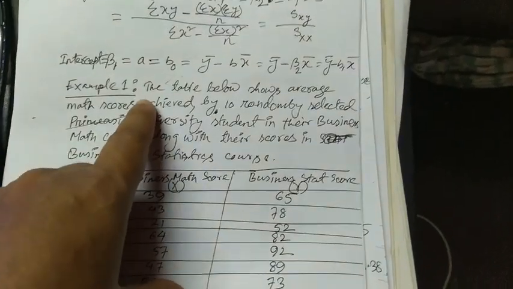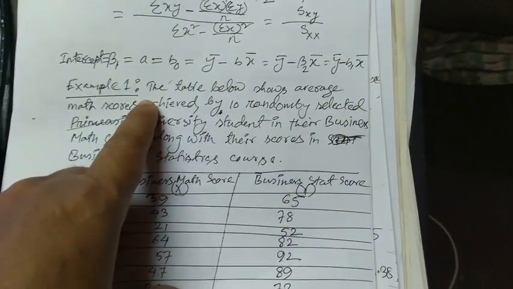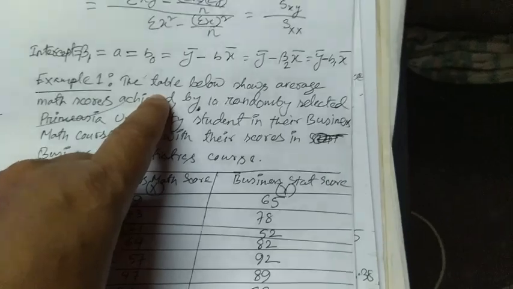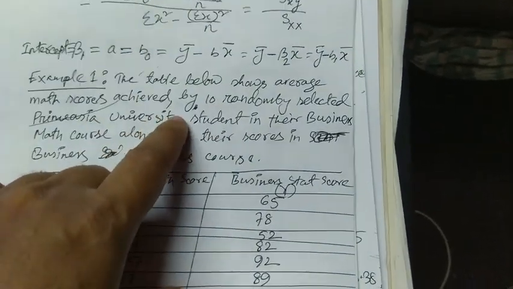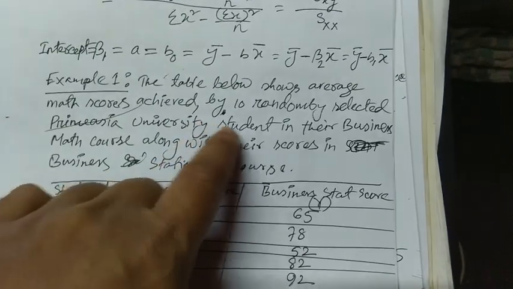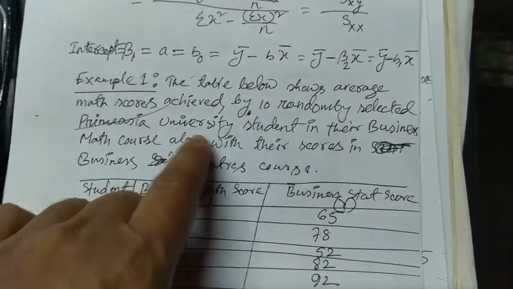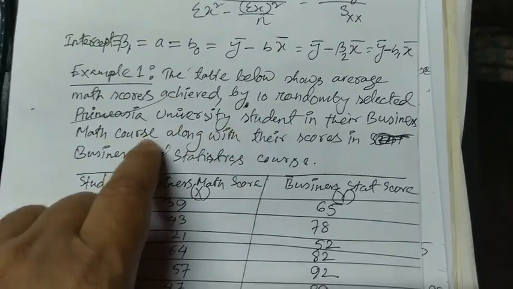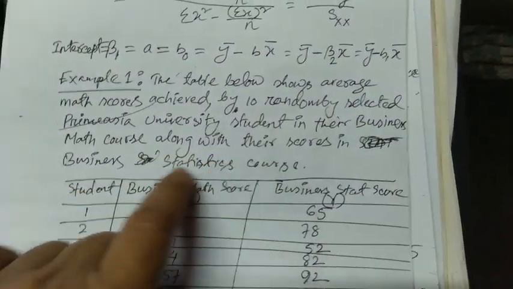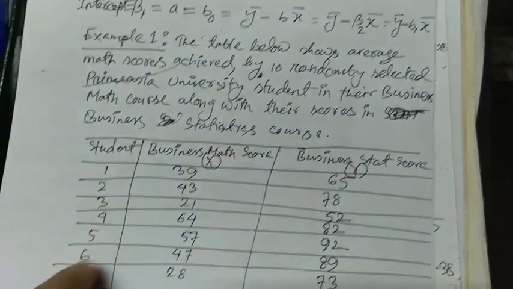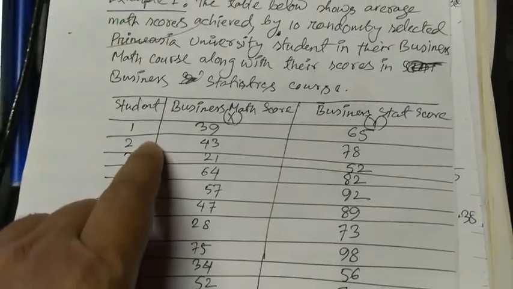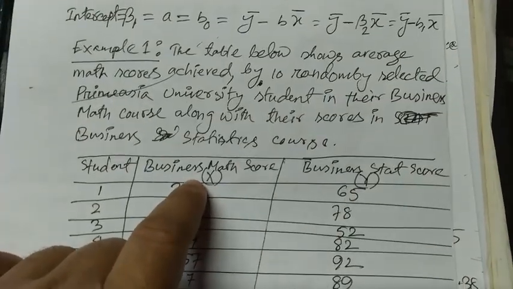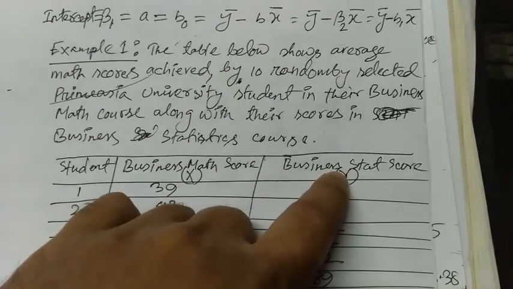So let us solve one question here. This is example 1. The table below shows average math scores achieved by 10 randomly selected Primicia University students in their business math course along with their scores in the business statistics course. So here we have selected 10 students randomly from Primicia University, and this is their business math score and this is their business stat score.